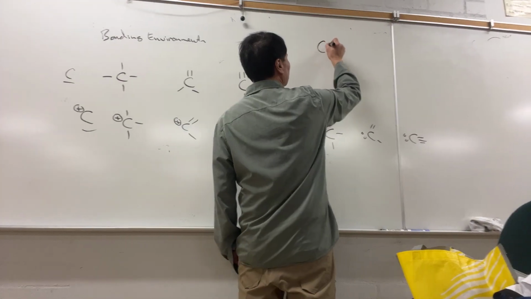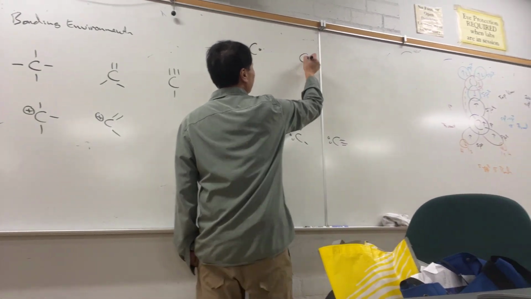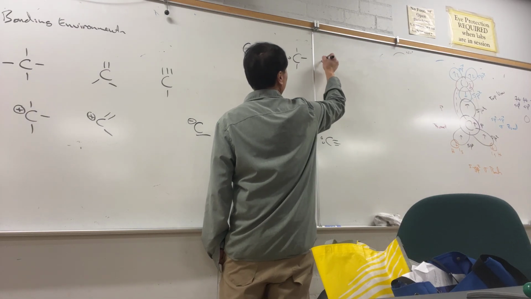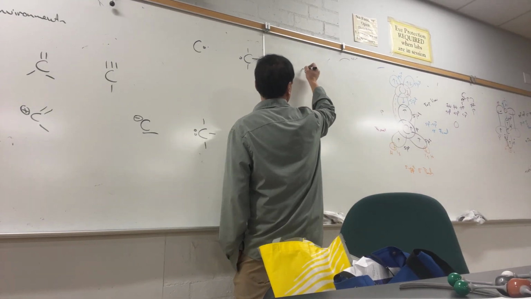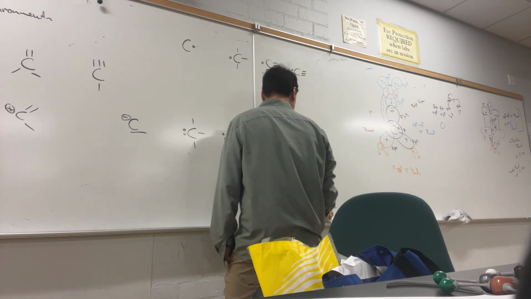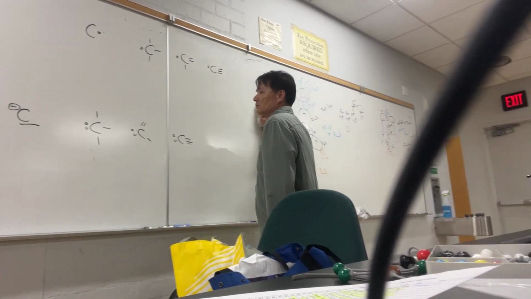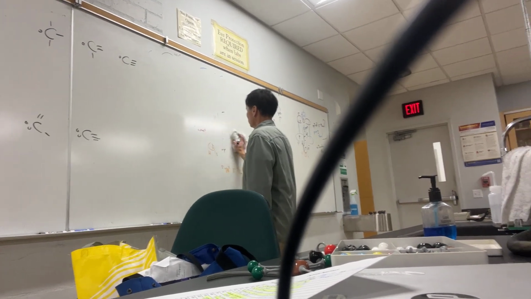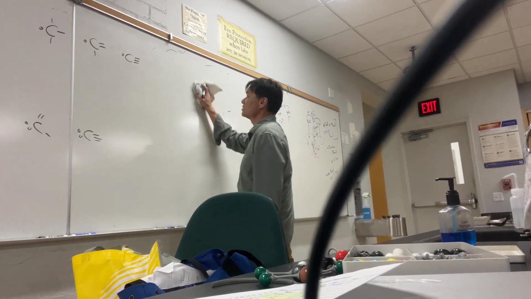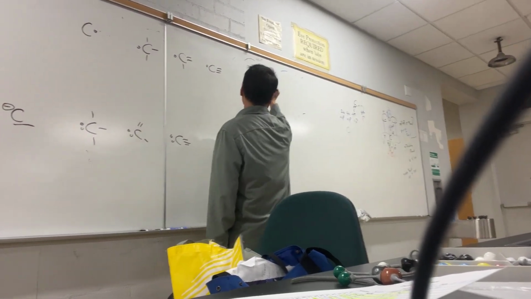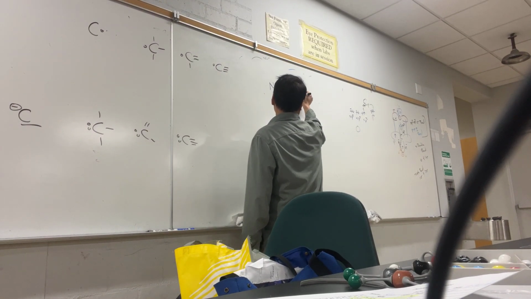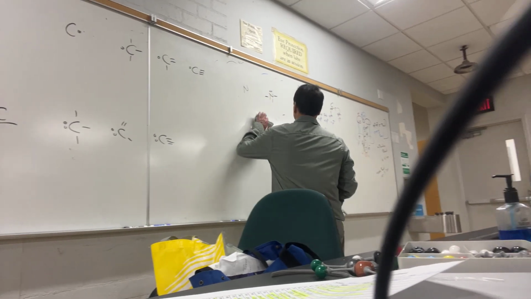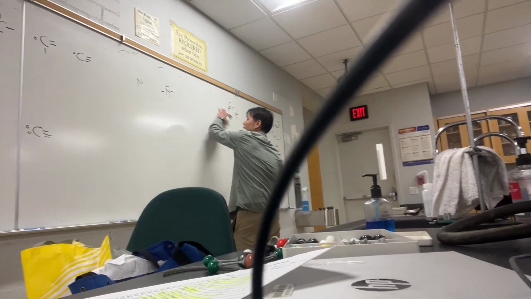Nitrogen likes to form 3 bonds. So nitrogen usually has a lone pair and 3 singles. Or we could have nitrogen with a double and a single and a lone pair. Or we could have nitrogen with a triple and a lone pair. We could also have nitrogen with a positive formal charge. Nitrogen with a positive formal charge will form 3 singles.